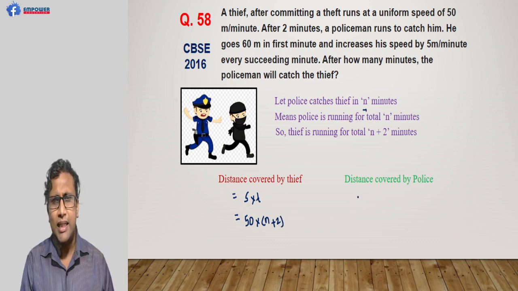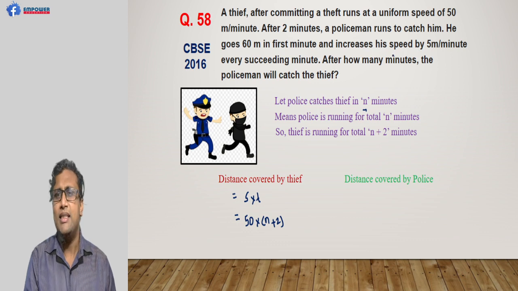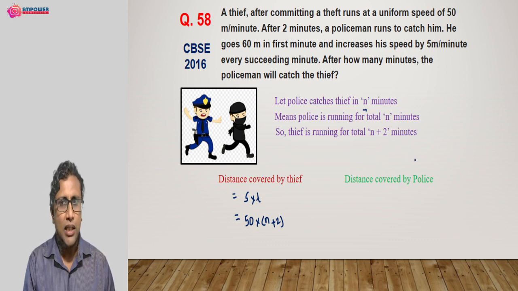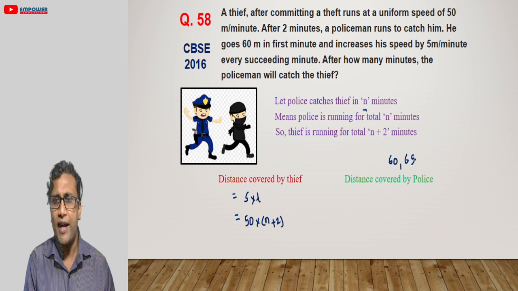Now there is no speed given, only the increase in speed is given. So to find the total distance covered by the police, first of all, I will say in the first minute he is traveling 60 meter, in the second minute 65, good, in the third 70, and so on, right? I can write 75 and so on.